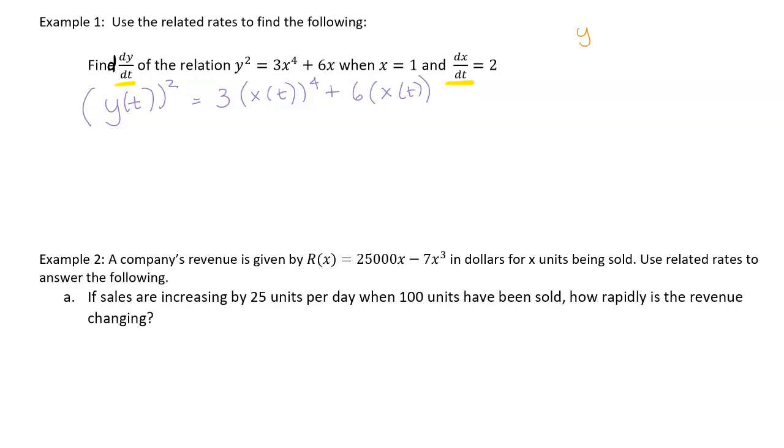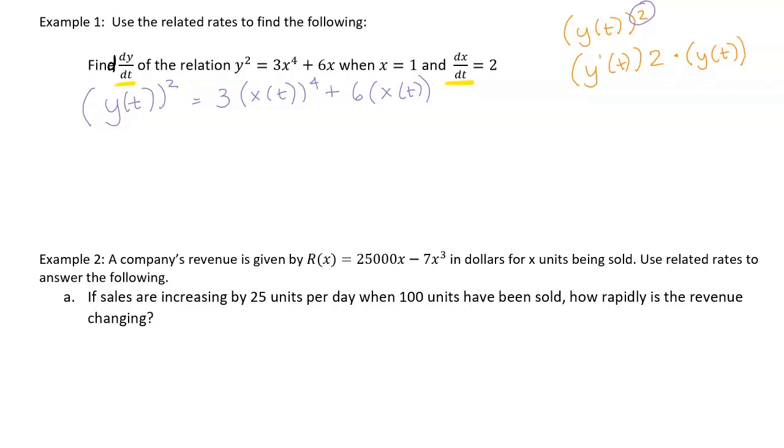So if I have y of t squared, the derivative is going to be the derivative of the inside, which is y prime of t, times the derivative of the outside. Well, the 2 comes out in front, and I get 2 times y of t, and then I'm going to subtract 1 from the exponent, which is just going to be 1.